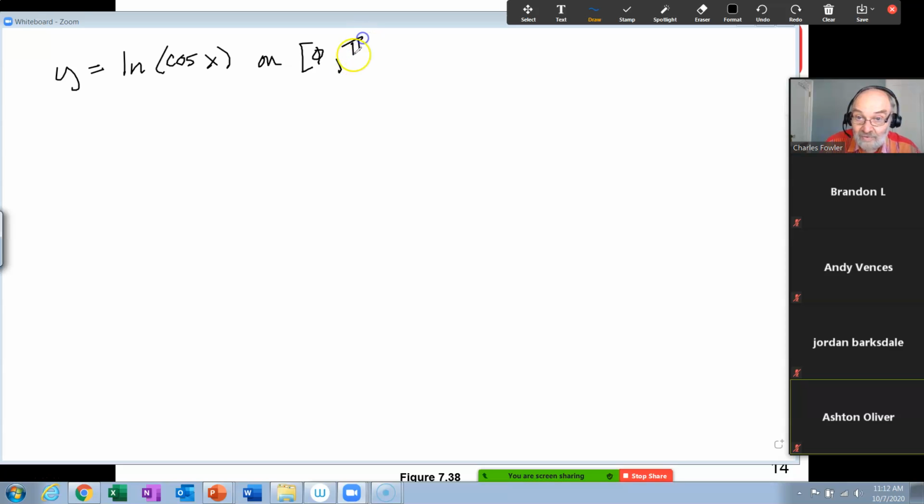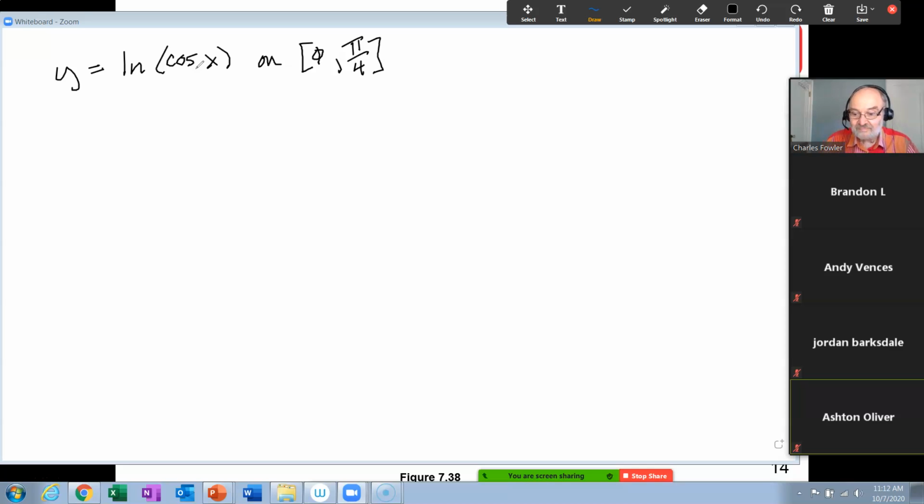Well, cosine of pi fourths is root 2 over 2. So those are both positive values. So now, yes, you could have left that in. Okay? So your cosine is positive everywhere there, so you don't need the absolute value bars. But it's only because of that.